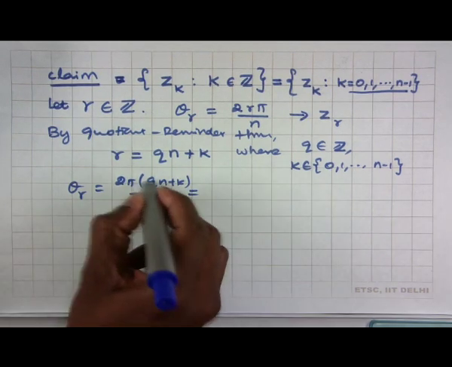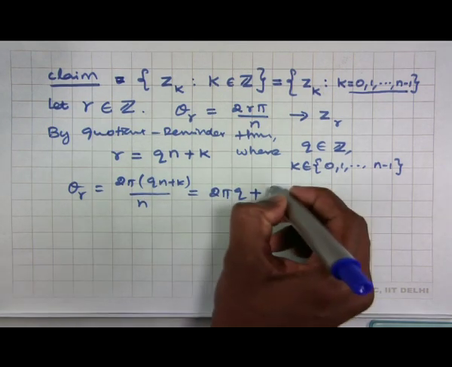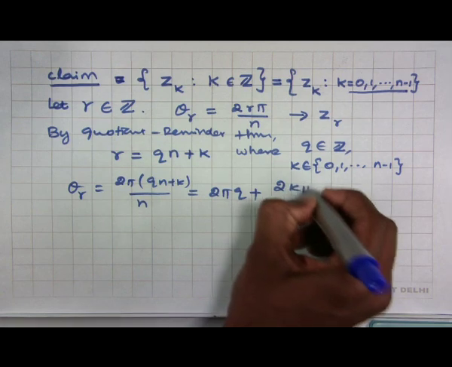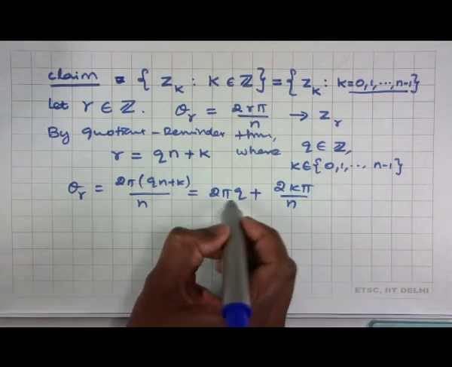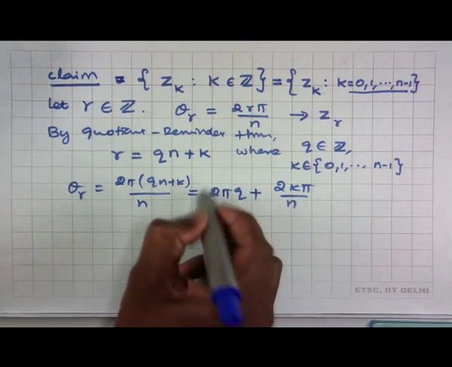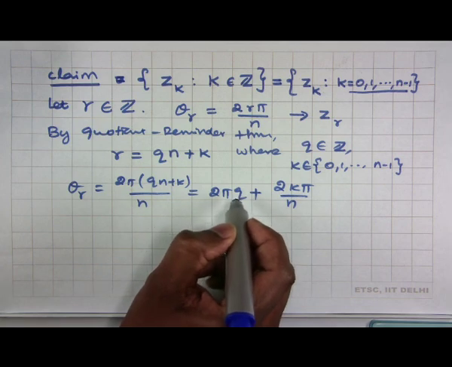So the first factor we observe is that it is 2 pi q plus 2 k pi by n, and we know that if arguments differ by an integer multiple of 2 pi, we get the same complex number.